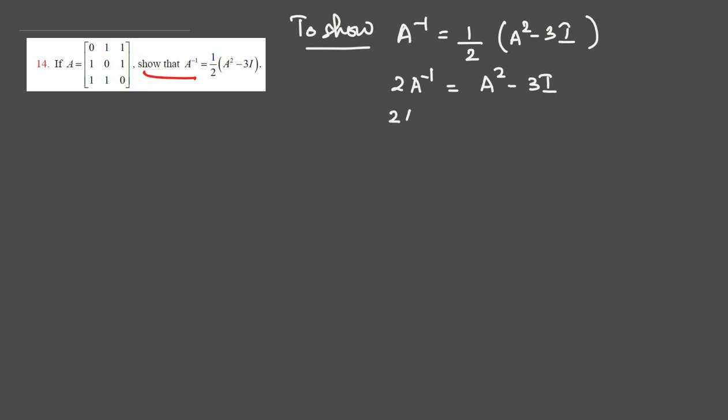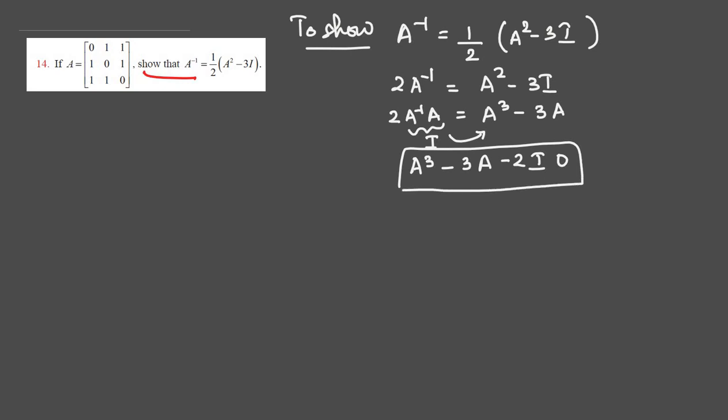We get 2A inverse into A is equal to A cube minus 3 times A. A inverse A we know is equal to I. The given equation can be written as A cube minus 3A, take this 2I to the right, becomes minus 2I is equal to 0. So it is enough for us to prove that A cube minus 3A minus 2I is equal to 0, instead of showing A inverse is equal to 1 by 2 into A square minus 3I.